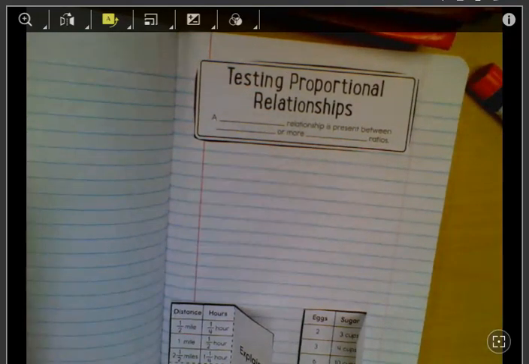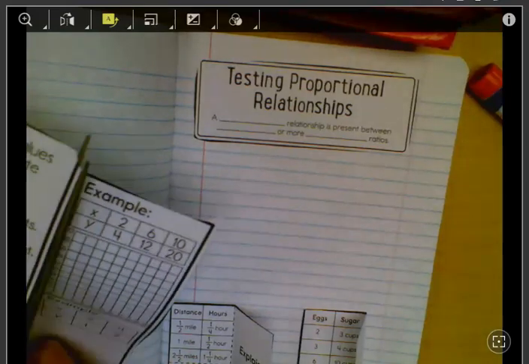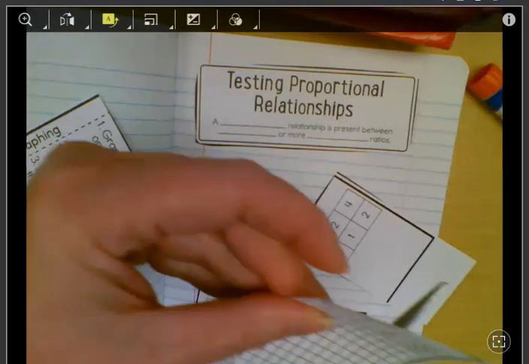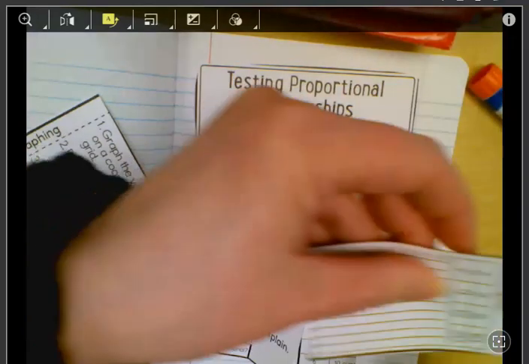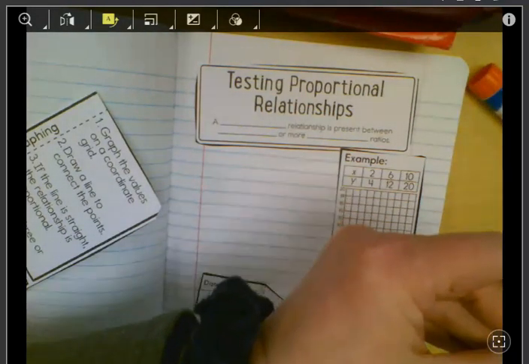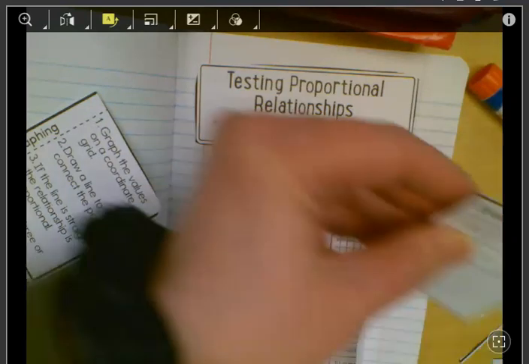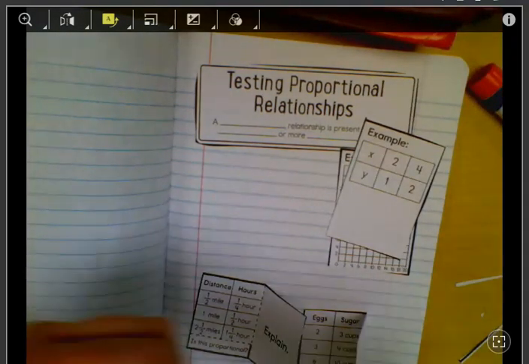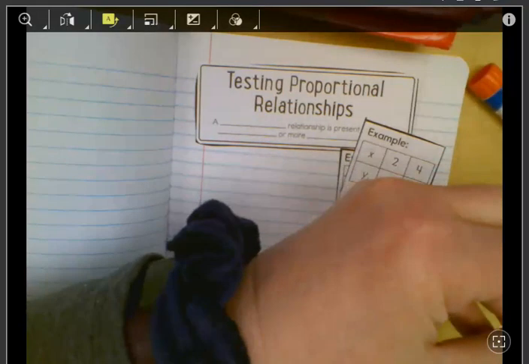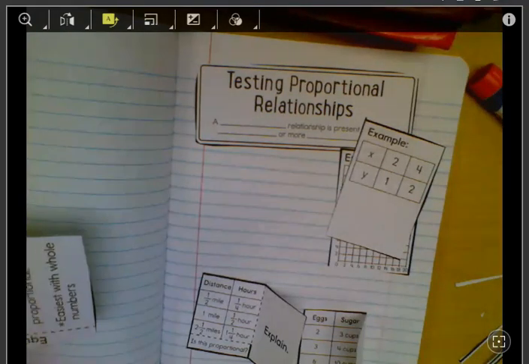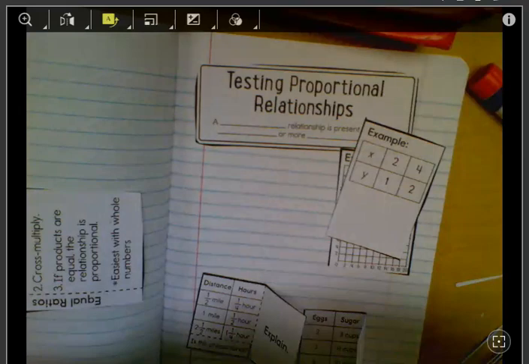I'm still cutting, for those of you wondering where I went there for a second. We have an example there, an example here. Those are going to actually go underneath of the two that I have.